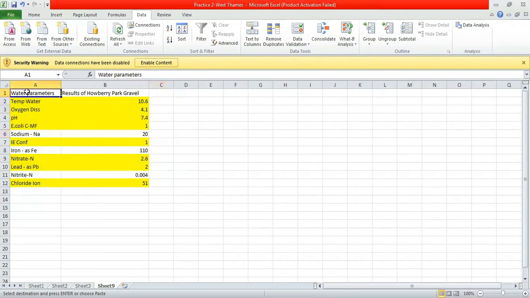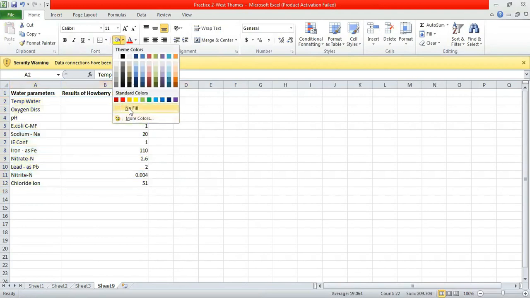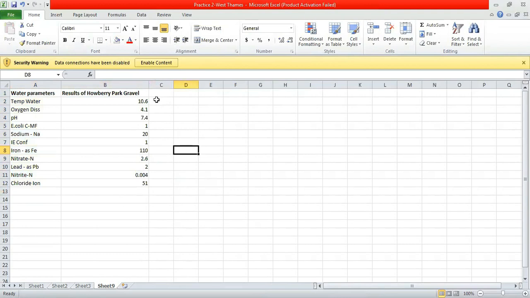We can also decide to make this bold, and then we highlight all of these, and then we say no fill. Okay. So now in this column, we are going to put UK water standards, and then we have WHO.